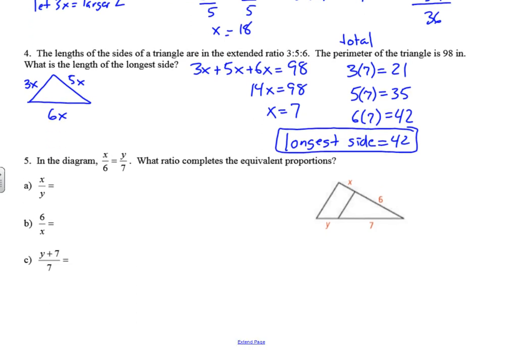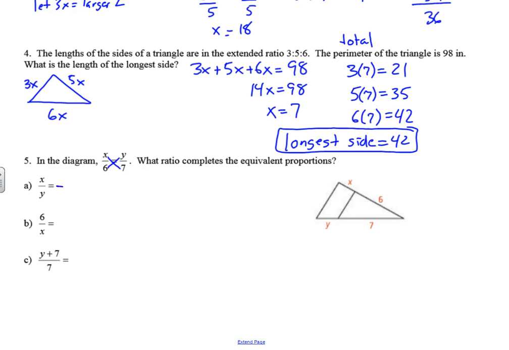Solving the equation. All right, last one here, and in the diagram we're given a proportion and what ratio completes the equivalent proportion. So we want this to be equal to it. One of the tools I can do for A and B, here's how I like to think about it. It needs to be the product of the means equals the product of the extremes.